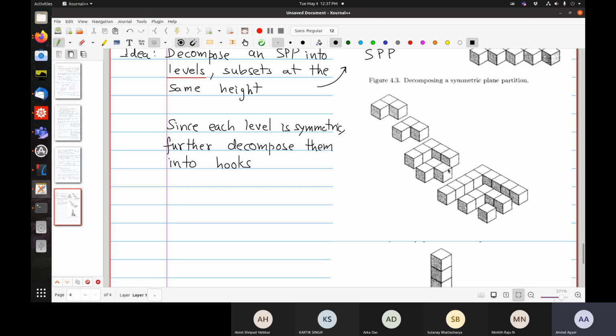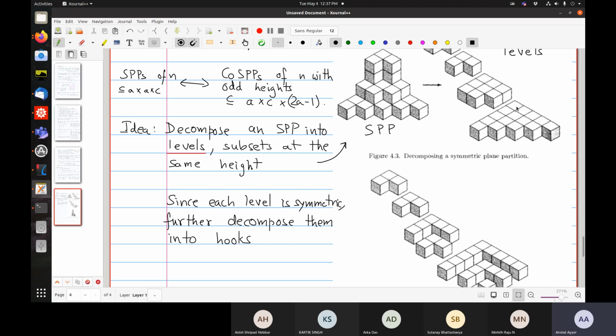Each of these you can think of as a partition, a symmetric or self-conjugate partition. For example, this is the partition 3, 3, 2.